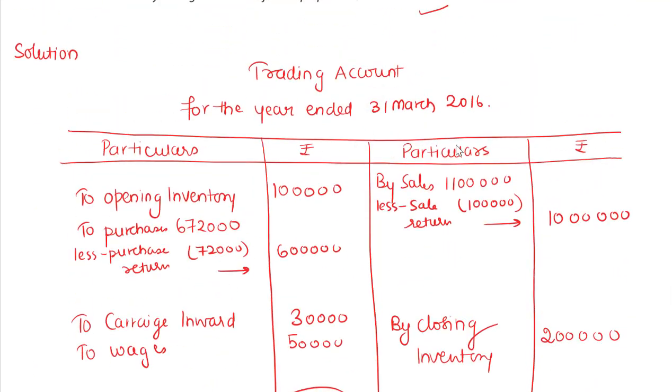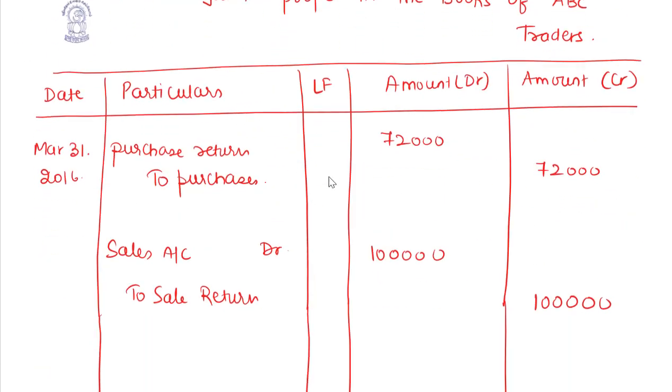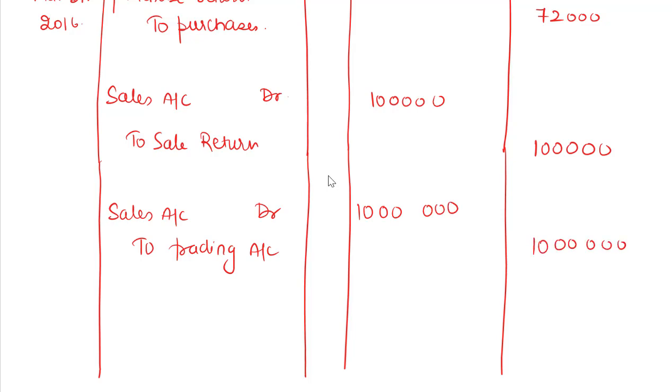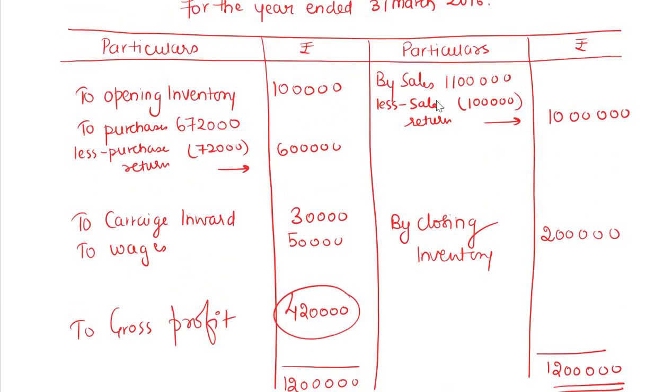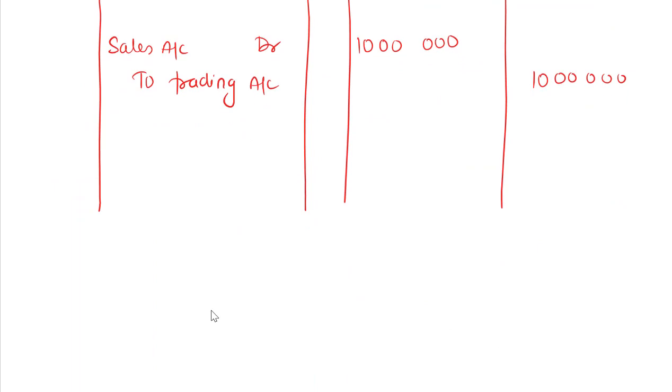Next, entry for sales. Sales account debited to trading account 10 lakhs. Then for debit entries we will pass trading account debit to opening inventory, to purchases, to carriage inward and to wages.